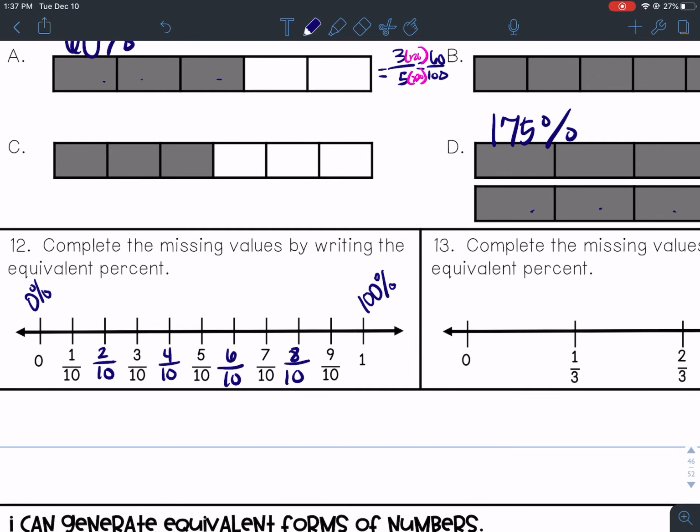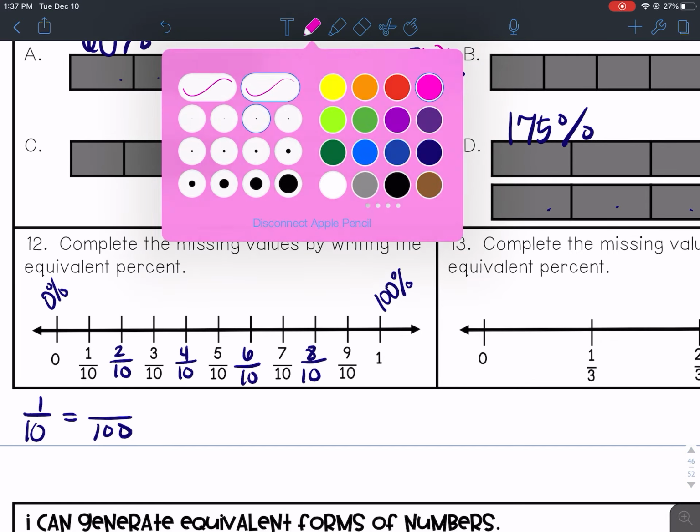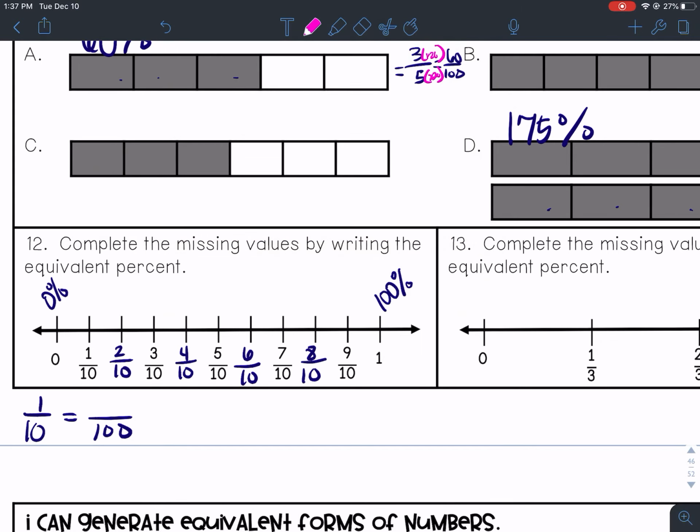Okay, so for 1/10, I want to know what is the percentage of 1/10, per cien. So I need to get it to 100. 10 times 10 is 100, so 1 times 10 is 10. So this right here is 10%.